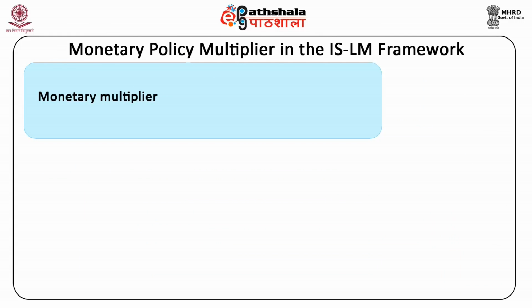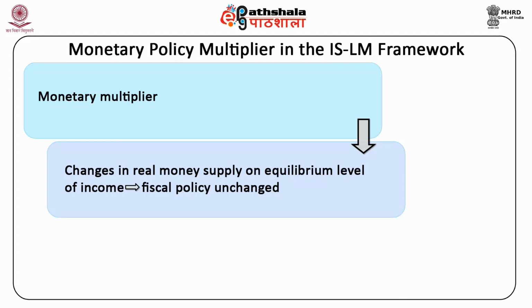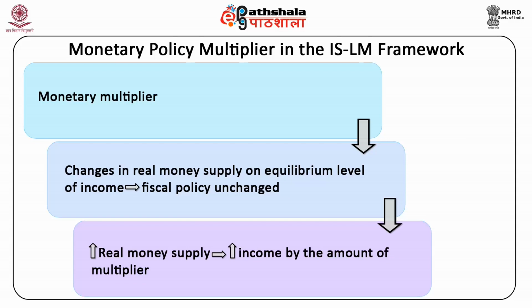The monetary policy multiplier shows the effects of changes in real money supply on the equilibrium level of income, keeping the fiscal policy unchanged. When there is an increase in the real money supply, the income will rise by the amount of monetary policy multiplier.